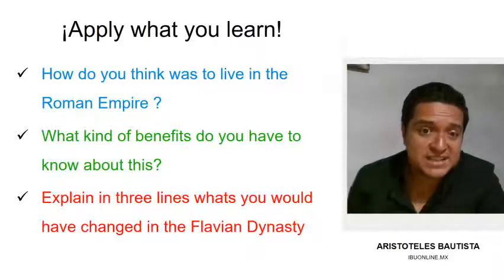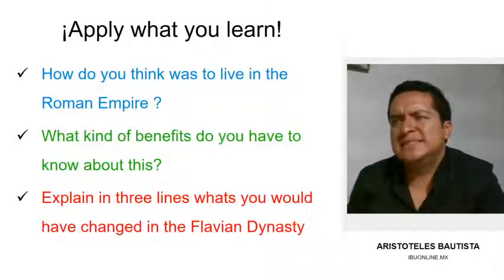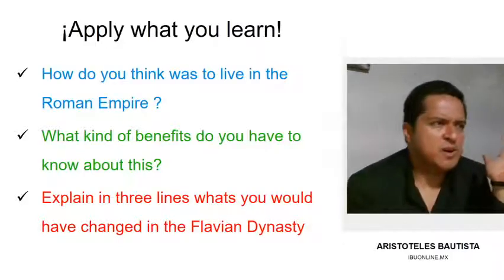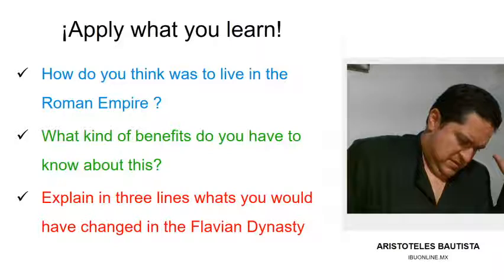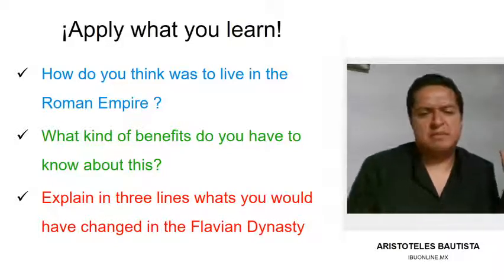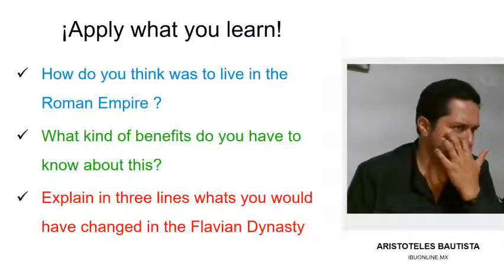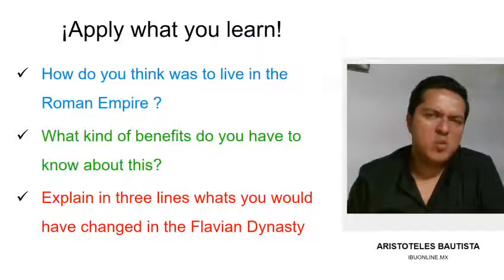Explain in 3 lines what you would have changed in the Flavian dynasty. Imagine you were an emperor in the Flavian dynasty. What kind of things did you change? And explain why.